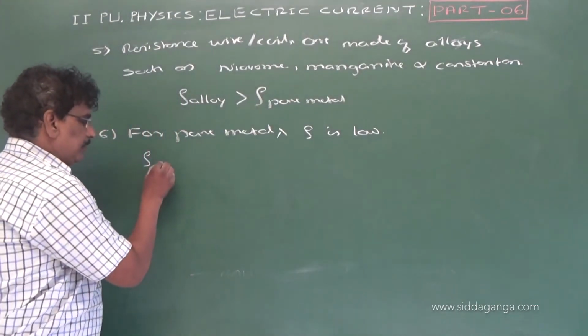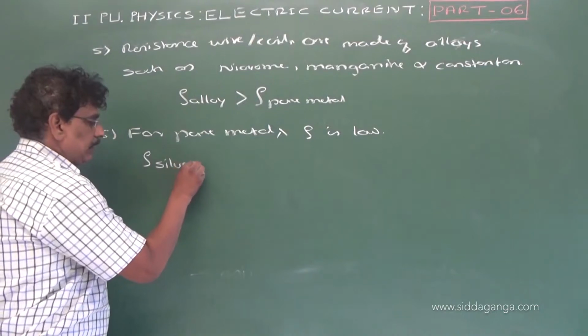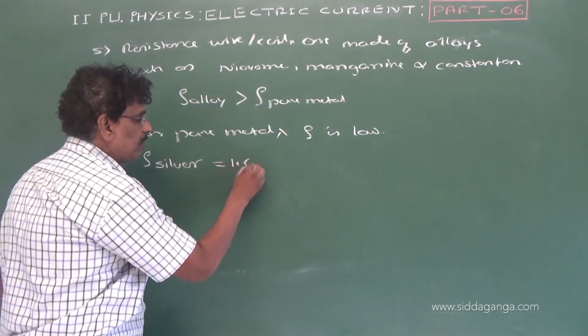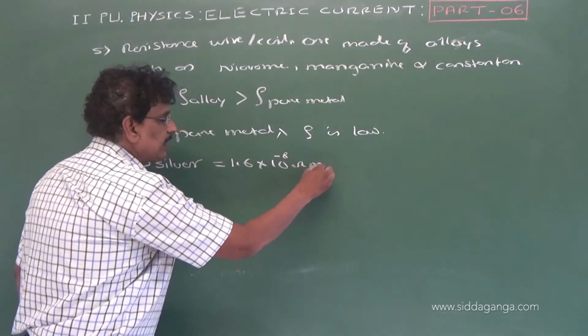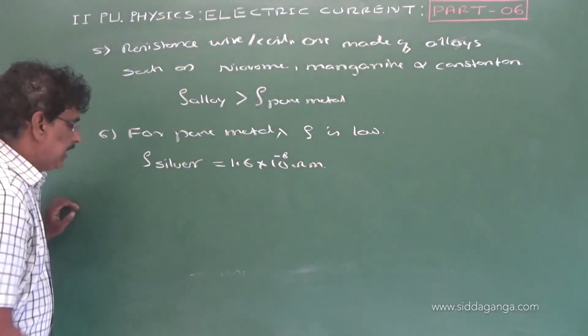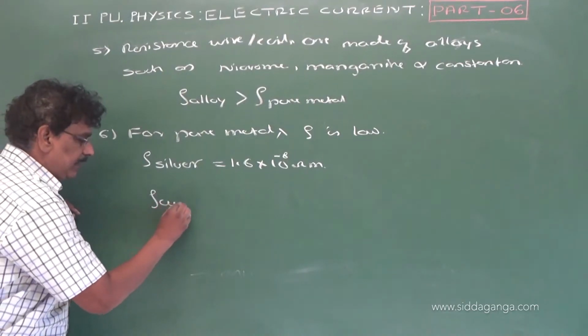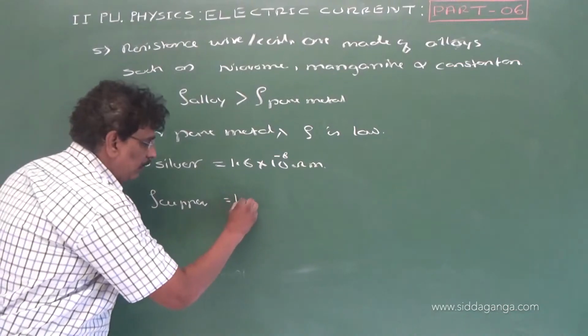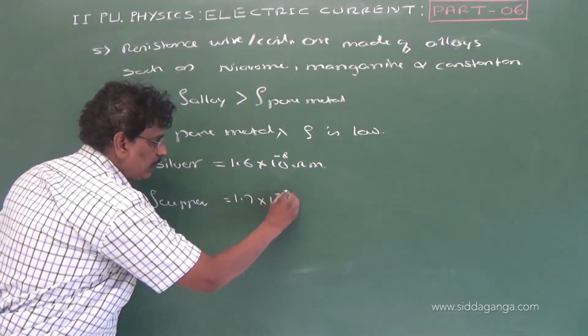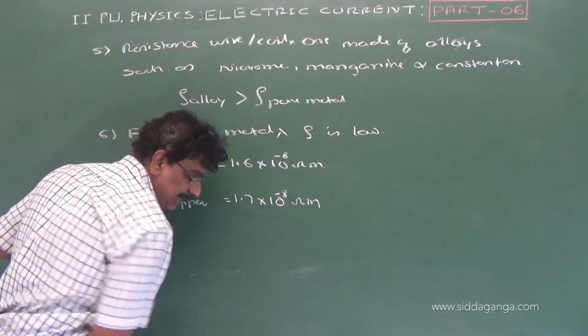Now the resistivity of silver is equal to 1.6 into 10 raised to the power of minus 8 ohm meter. It is followed by copper. The resistivity of copper is equal to 1.7 into 10 raised to the power of minus 8 ohm meter.